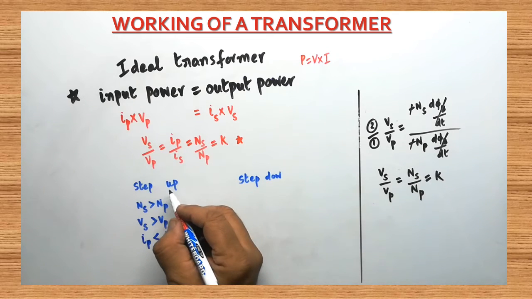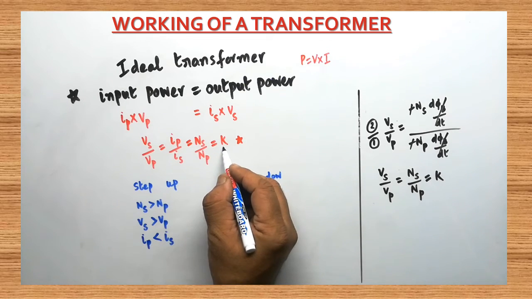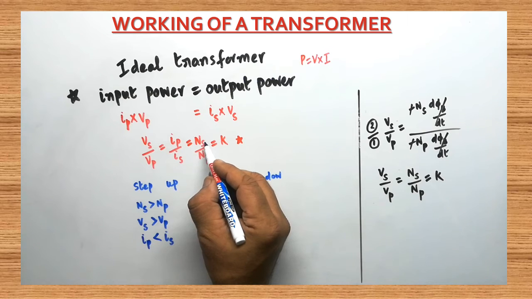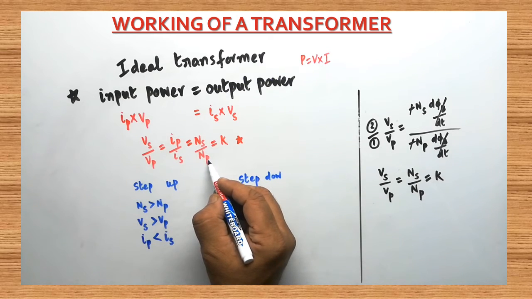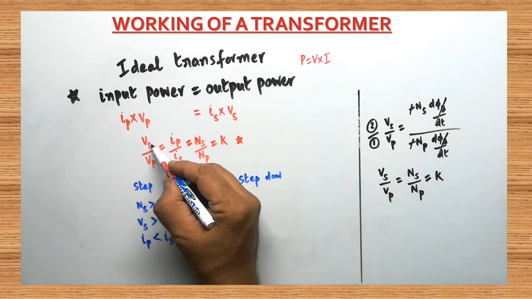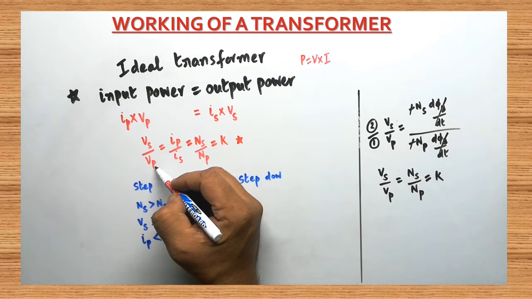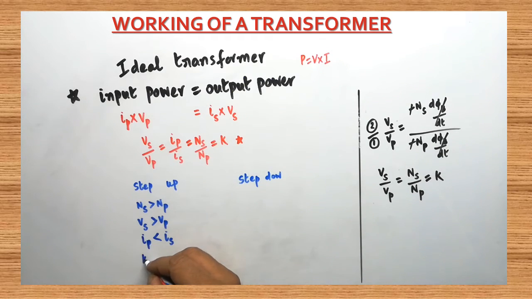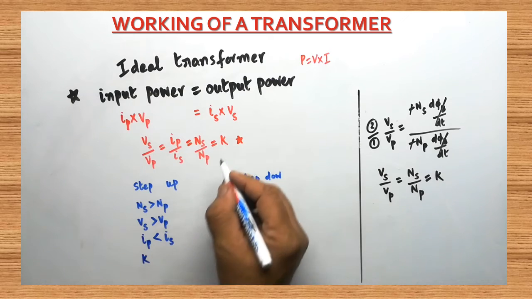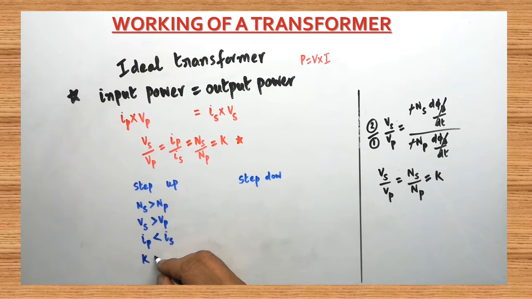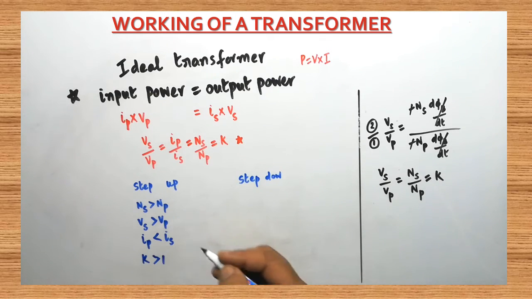In the case of a step up transformer, the K value: because the number of turns in the secondary will always be greater than the number of turns in the primary, or we can say the voltage across the secondary will always be greater than the voltage across the primary, therefore the K value, that is the voltage transformation ratio, will always be greater than 1. So this will happen in the case of a step up transformer.